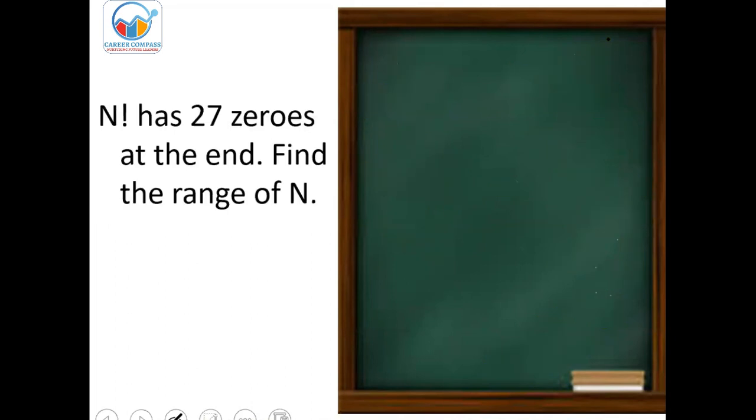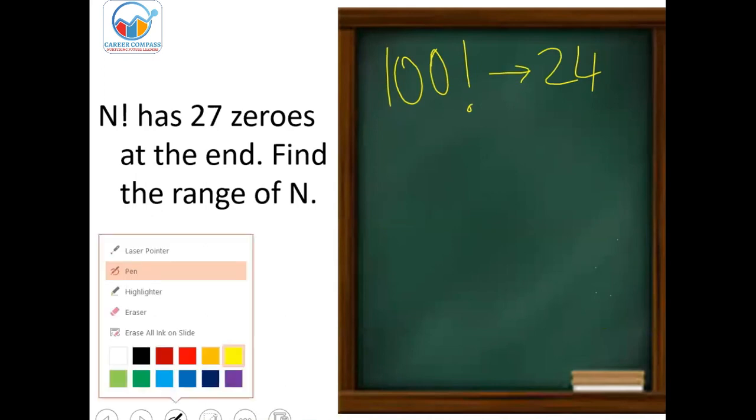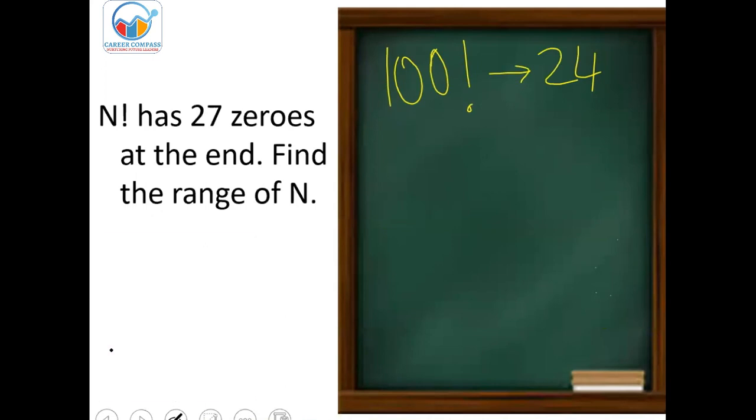Let's look at the next one. There is something very, very interesting. By the way, I am helping you because I already explained this. 100 factorial has 24 zeros at the end of it. So that's a clue that you can start with. If 100 factorial has 24 zeros at the end, what about 101 factorial?